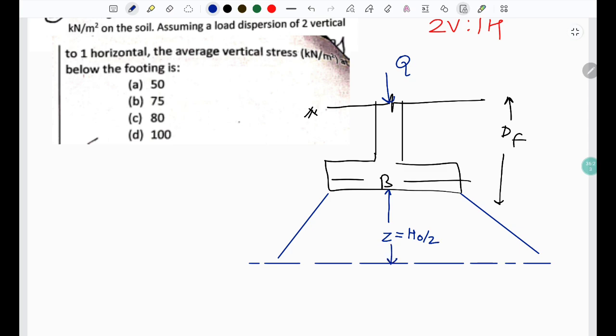Okay, and this slope is taken as 1 vertical to n, therefore this becomes nz, and this also becomes nz, and this whole becomes b plus 2nz.